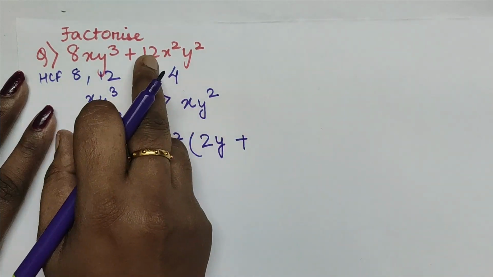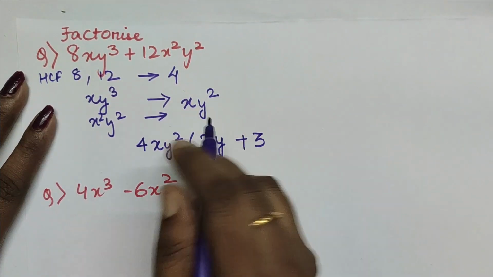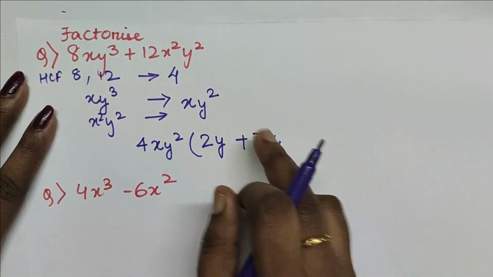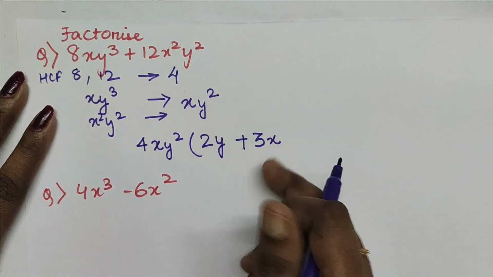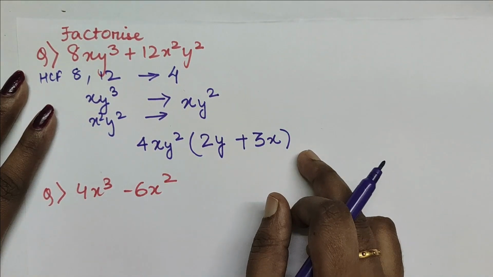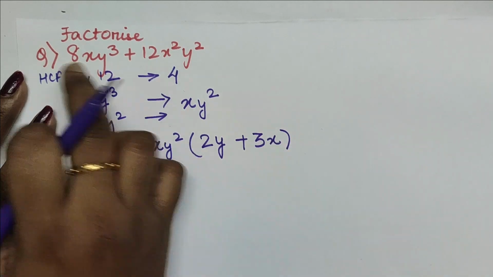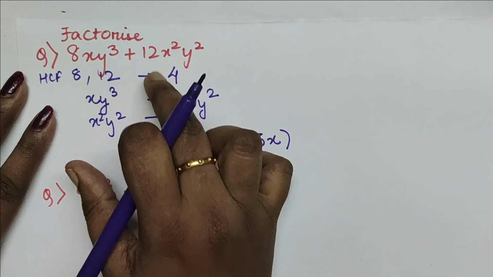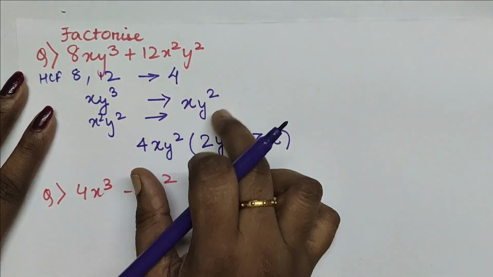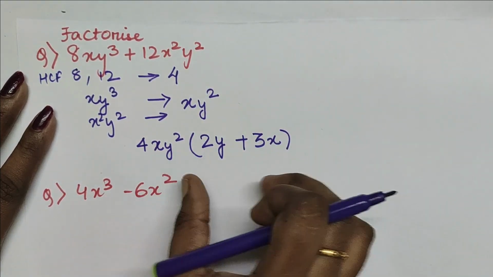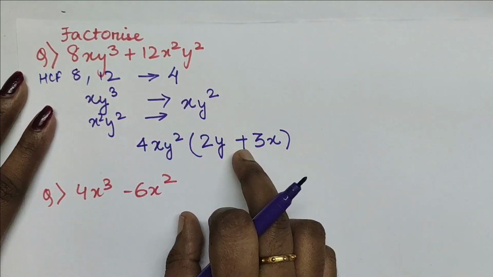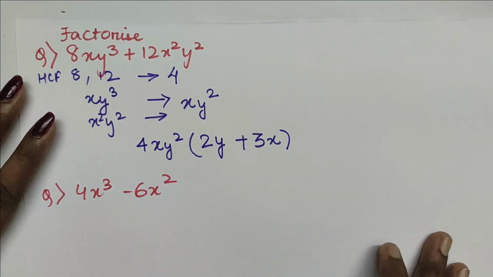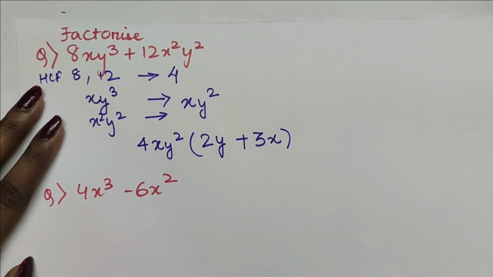Plus, 4 into 3 will give me 12. x is already there, but one more x is required, and y square is already given here, so we need not write it. So this becomes the factorized answer for this given term. We have taken the HCF of the numerical coefficients as well as the literals, taken it out as common, and then multiplied the remaining part so that we can get the answer.